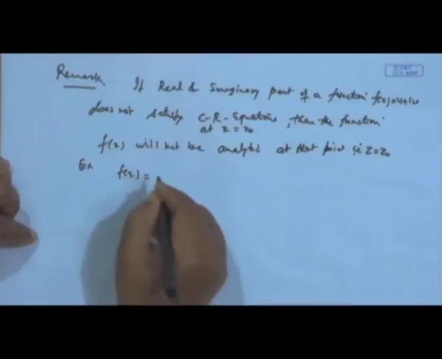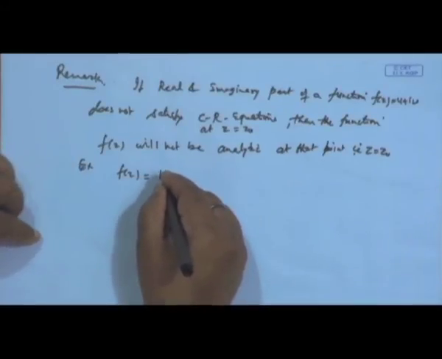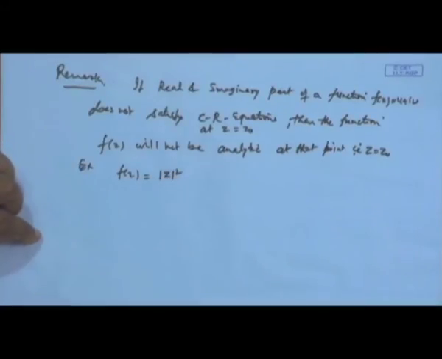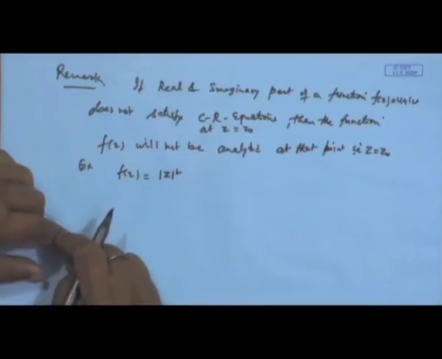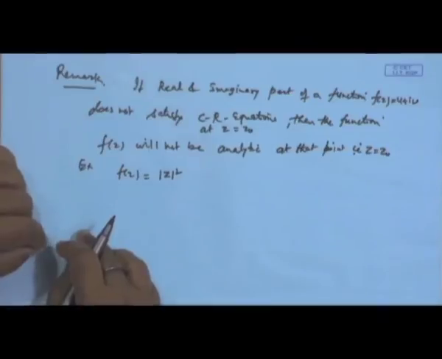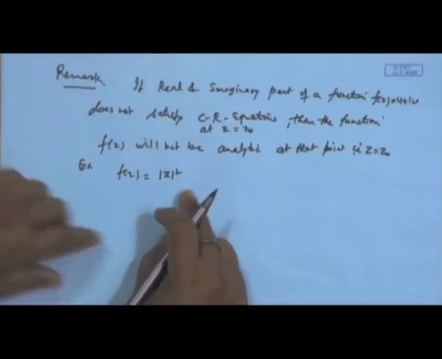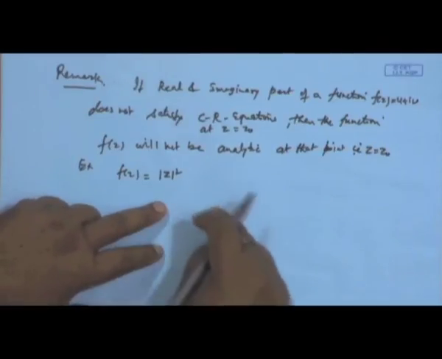For example, if we look at the function f(z), which we have already seen, mod z square, this function is not analytic at the point 0, is it not? It is not analytic at 0, because the function is not differentiable at the points around 0. The reason is, when you take f(z), what is this? It is nothing but x square plus y square.